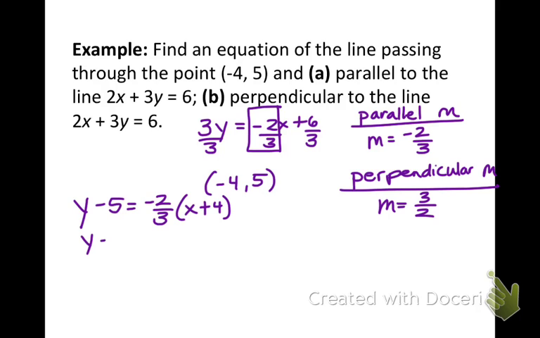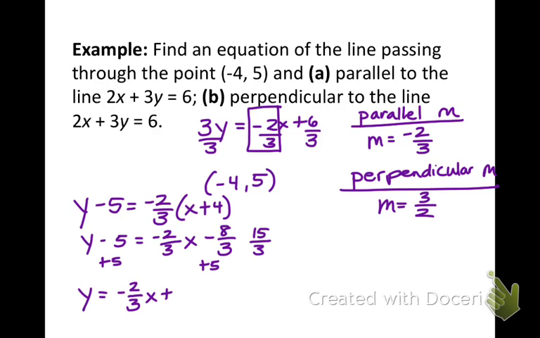Distribute. That gets me -2/3 x minus 8/3. Add 5, which is really the same as 15/3. So that gets me 7/3. So y equals -2/3 x plus 7/3.